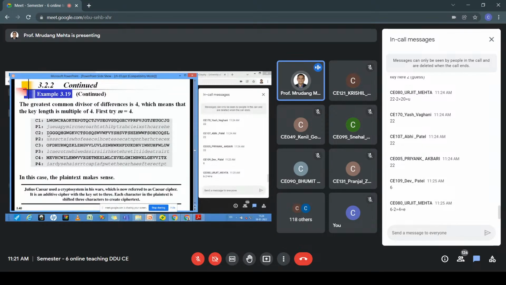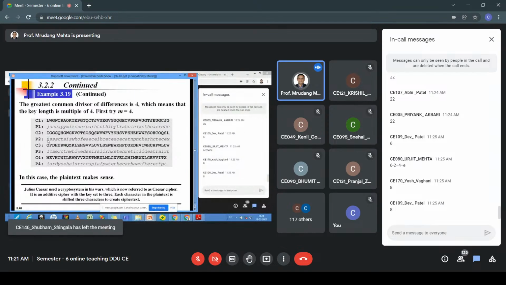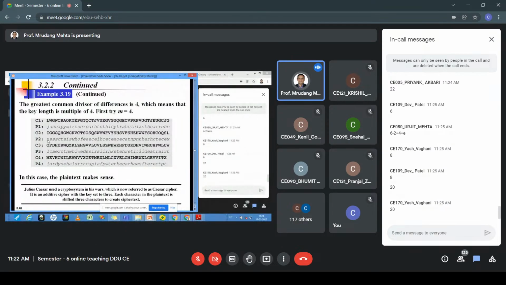Now for I, 8, and what is the U value? 20, right? So now how will you find? U is the plain text.